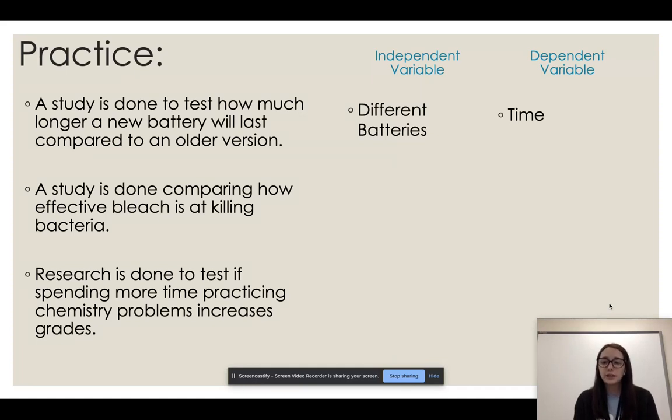I'm just using different batteries. My dependent variable is the time, because I want to know how much longer these batteries last if they are new versus old. So my independent is my batteries because I'm changing it, and my dependent is my time because that's what I'm measuring.